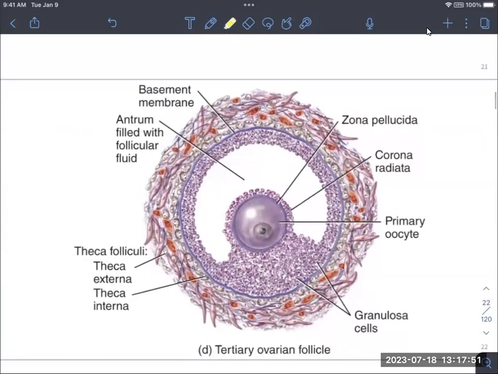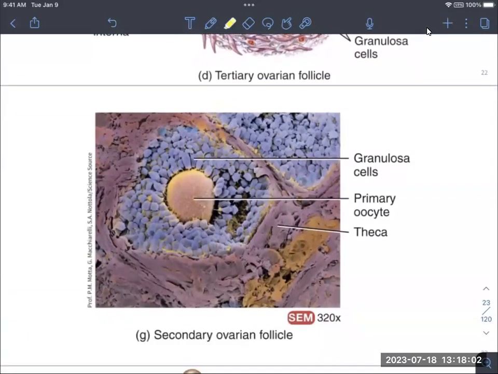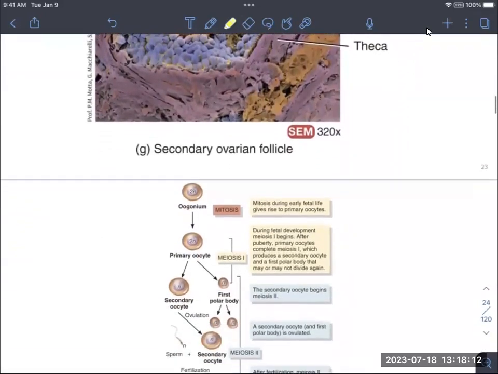So here's this tertiary ovarian follicle just before it is ready to be expelled out. We even have a really cool electron micrograph showing this primary oocyte surrounded by all of these other cells making that secondary ovarian follicle.